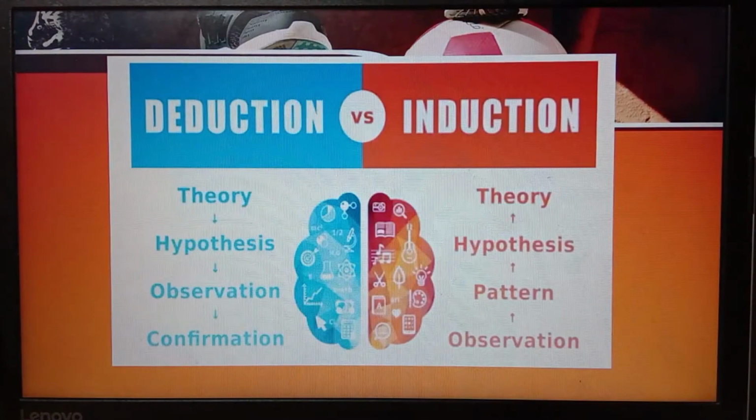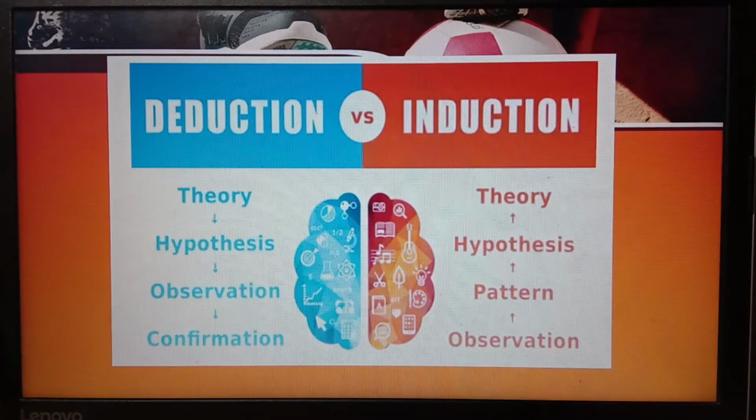Further, deduction starts with a theory, and from that theory you hypothesize, or make educated guesses. From those hypotheses, you try to observe, and from that observation you confirm whether the theory you had at first is true or not.